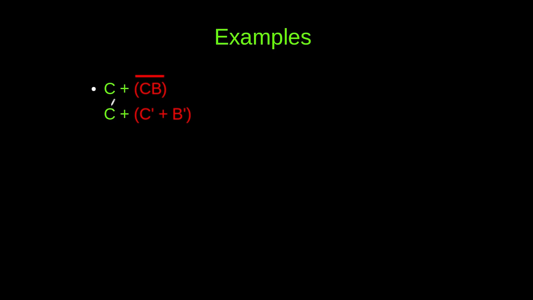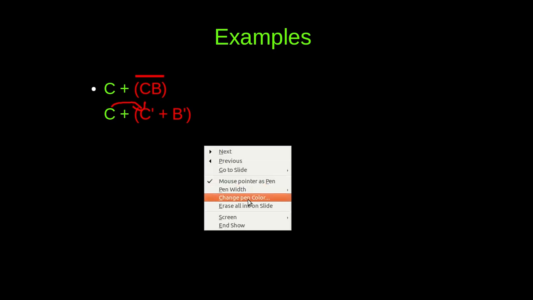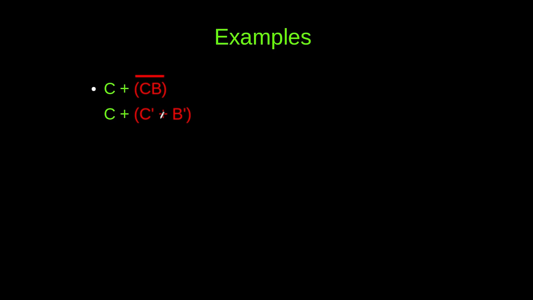What can I do now? We distribute this. Oh no, this is addition, sorry. An OR, okay? So I'll have C or C naught. So what will this equal, C or C naught? If this C was 0, C naught will be 1.